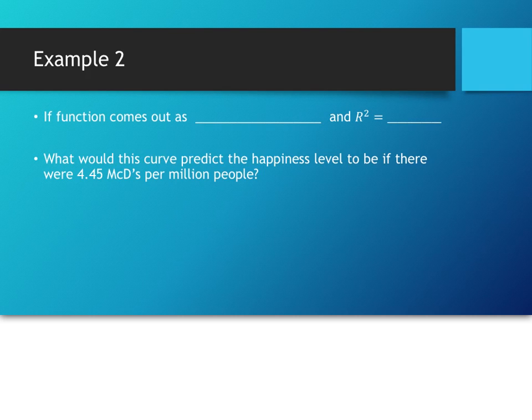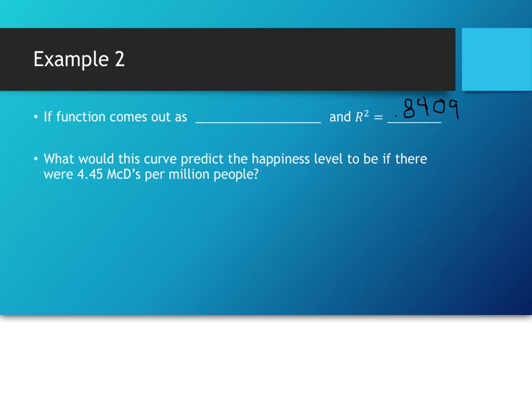Now here's the deal. If you have the right calculator, you could come up with a quadratic regression model, and I'm going to give you this model. The R squared is 0.8909, which is pretty decent.